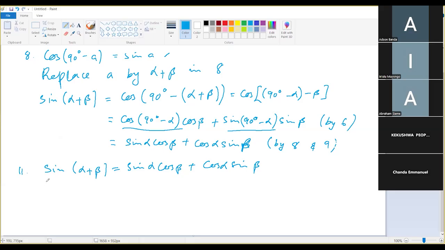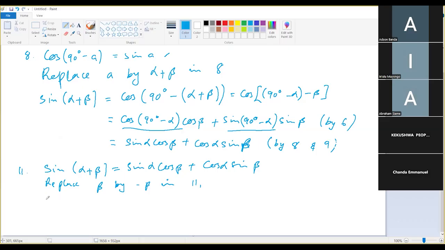Okay, so again, if we replace beta by minus beta in 11, we get another identity. So in this case, if we do that, what we are going to get is the following.